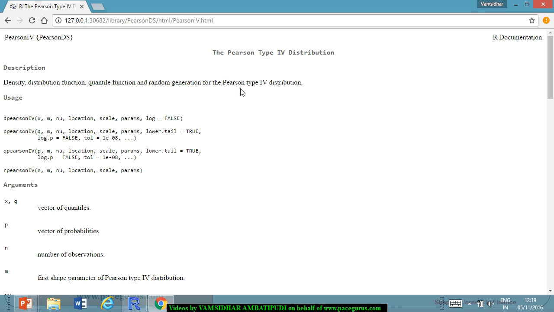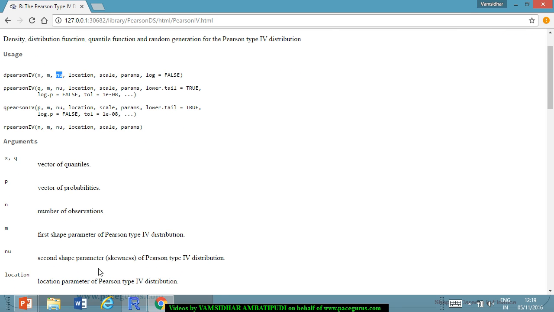So the 4 is a special type of distribution which requires the m. M is the first shape parameter, so we are giving the first shape parameter. Nu is another one, which is the second shape parameter, which is the measure of skewness here. So we have two shape parameters in m and nu, and we have one location parameter and one scale parameter.